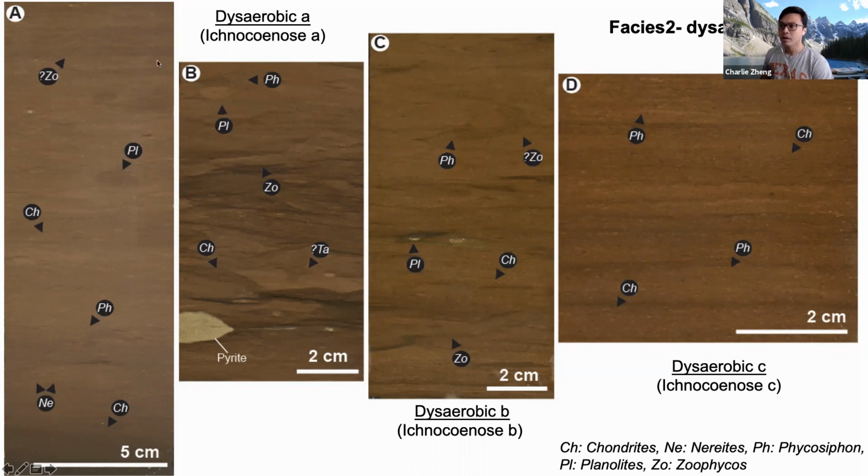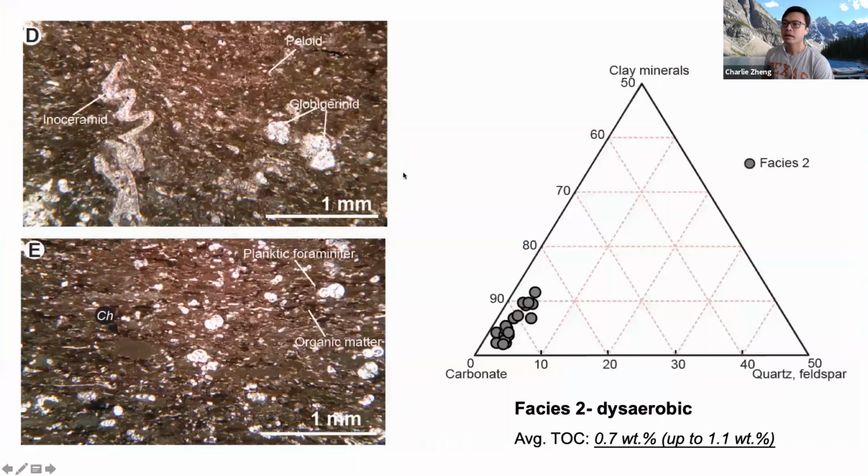And in dysaerobic A, because of the higher oxygen content, the sediment is more homogenized and better mixed. Then in thin sections, we notice a significant increase in peloids, which implies that there is a more active carbonate factory, maybe in the water column, that contributes to these peloids and carbonate content.